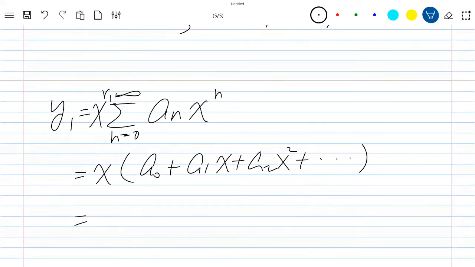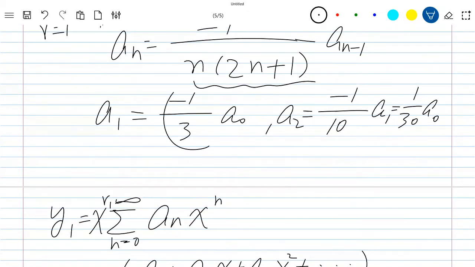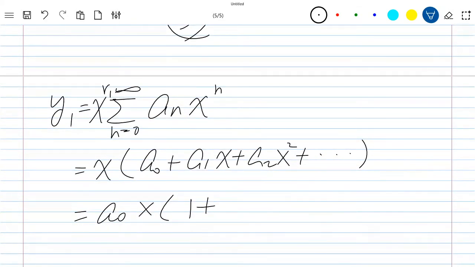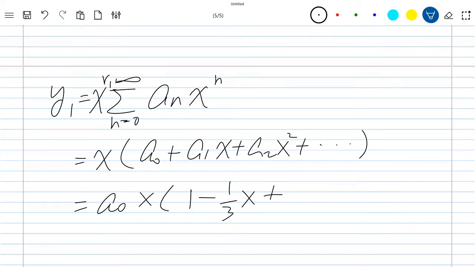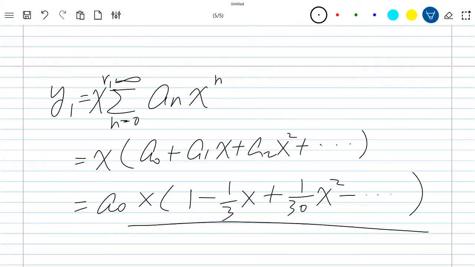Then you can factor out a0. Then we have 1, and then a1 over a0 equals -1/3, and a2 equals a0 times 1/30, etc. Right? So that's your y1. y1 would be a power series times x.